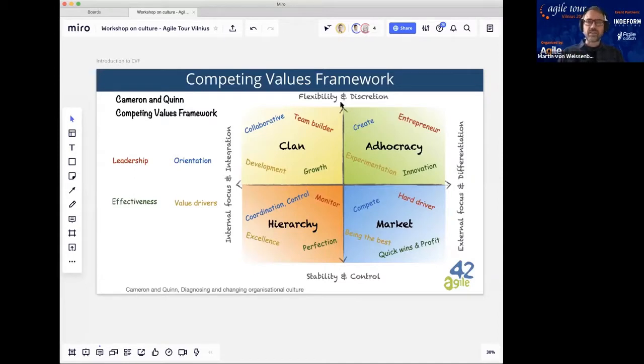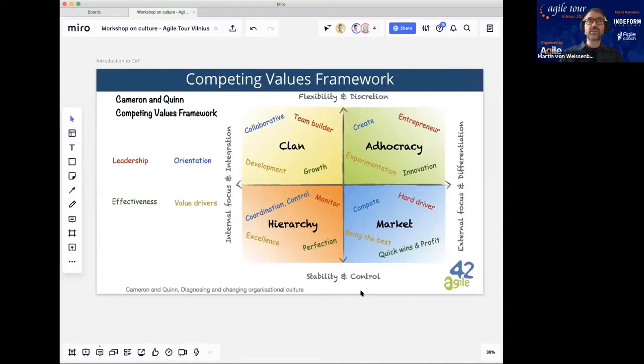The other one is flexibility versus stability and control. Introvert and extrovert should be self-explanatory, but flexibility and discretion versus stability and control may need a little more explanation.